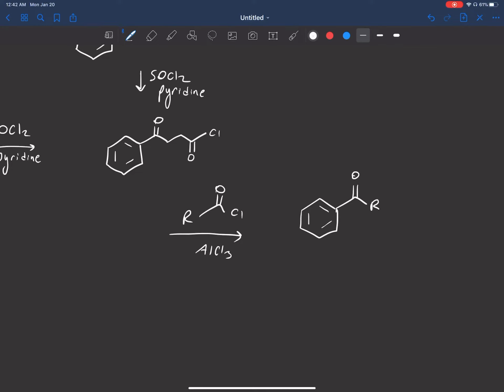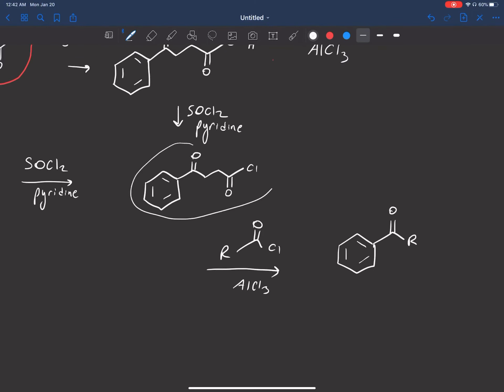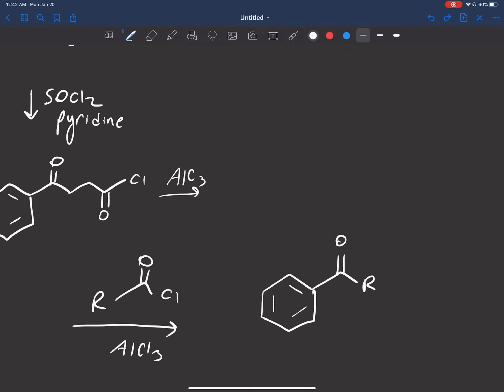Here's your O and here's your R. Now, what I did here is I essentially made an intramolecular version, right? So now on a synthesis, what I could do is I could write just AlCl3 over an arrow, and it's going to take this to be your Friedel-Crafts part, right? And so what we could do is we could create this cool looking ring.